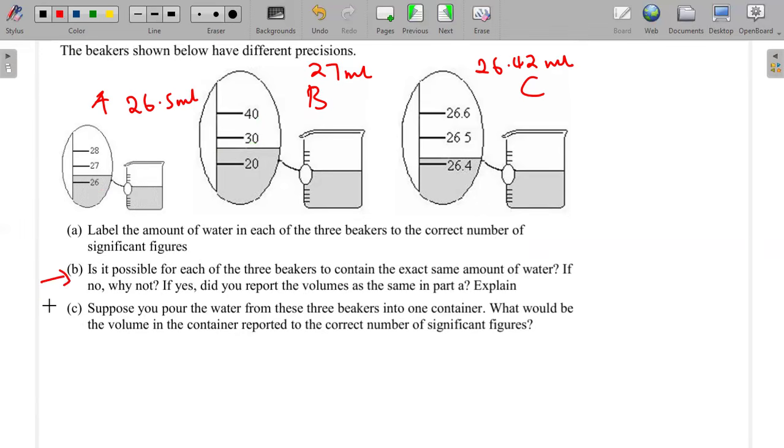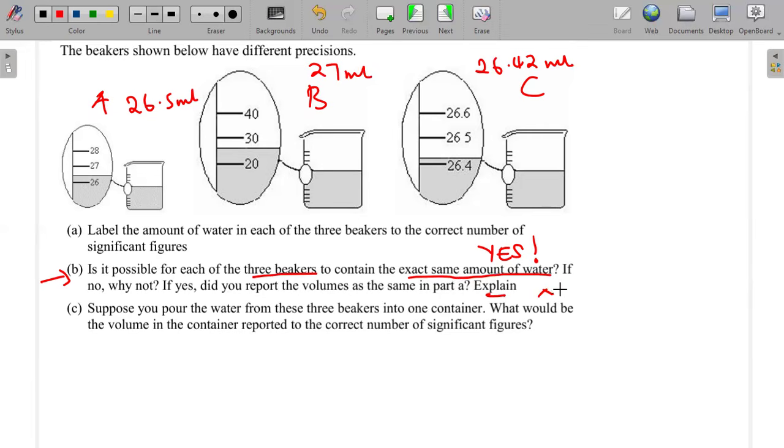Then part B, they're saying, is it possible for each of the 3 beakers to contain the exact same amount of water? Okay, so the answer here is that yes, they can actually contain the exact same amount of water. If no, why? So this one is not a possibility because they can actually contain the same amount of water. If yes, did you report the volumes as the same in part A? Explain. Okay, so did we record the volume as the same?